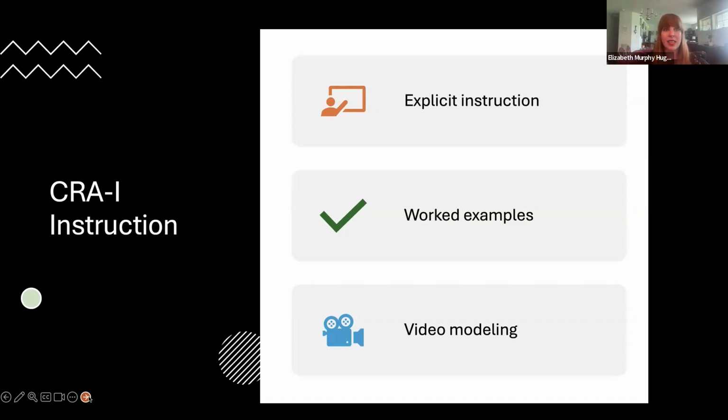All of the examples that I share with you today can be applied using any of these techniques, and oftentimes they overlap as well. So you can use explicit instruction to teach a worked example through a video model. It's really flexible and can adapt to what works for you and your students in your classroom.